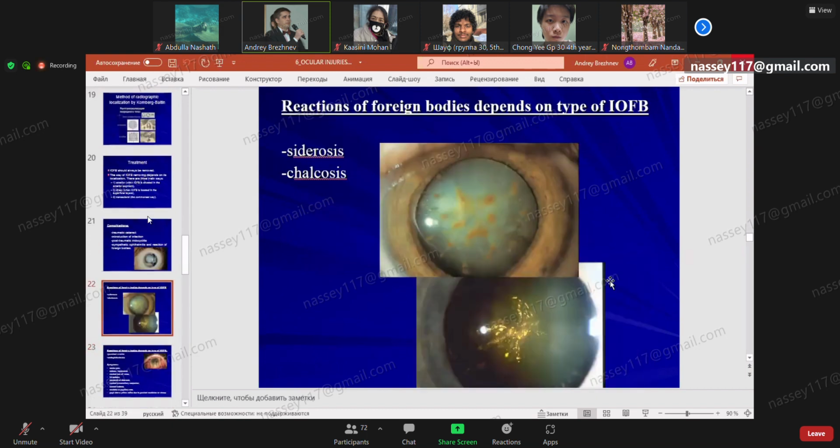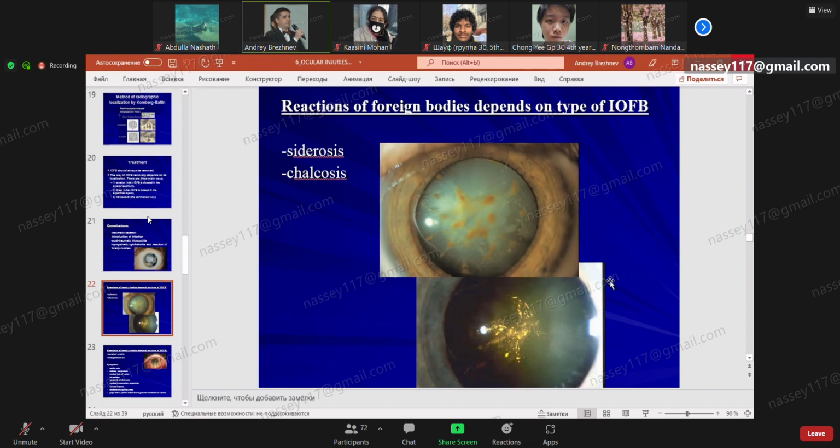There exist several types of reactions to a foreign body, and they depend on the type of the foreign body. The most frequent types are iron foreign body and copper foreign body. The problem with the long presence of an iron foreign body is called siderosis.